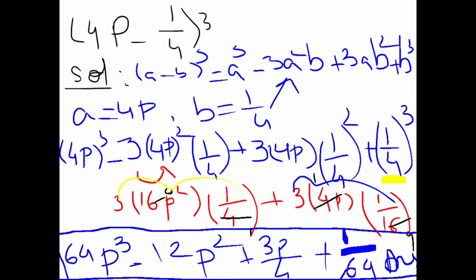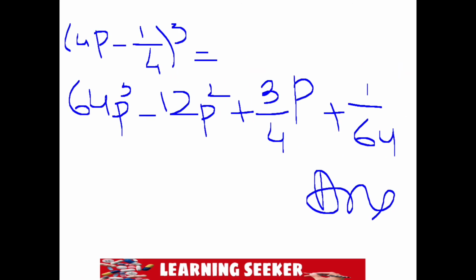Okay, so what I have done is I simply put the given values, which are a equal to 4p and b equal to 1 upon 4, in the formula. So when you put these values in the formula, you will get the answer.